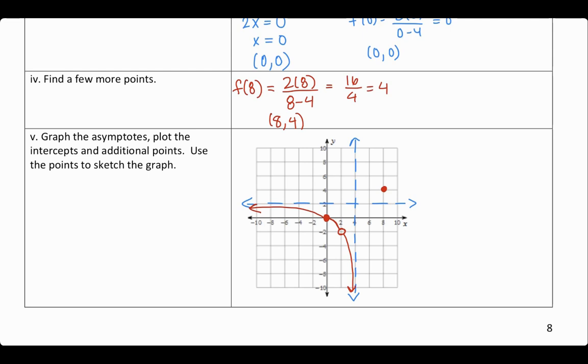I have a point up here. I'm never going to come down to the x-axis again because I only have one x-intercept. So this graph is going to end up being pulled up towards the vertical asymptote, and down towards the horizontal asymptote.